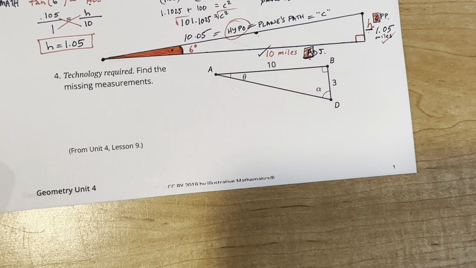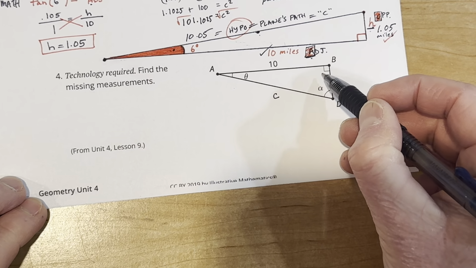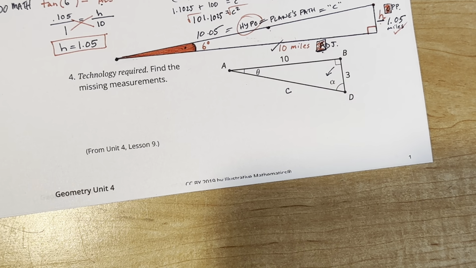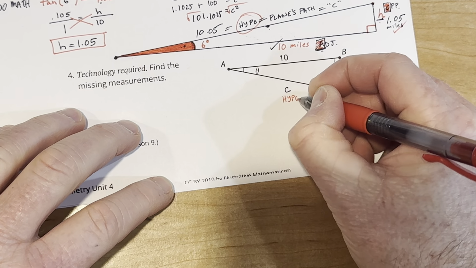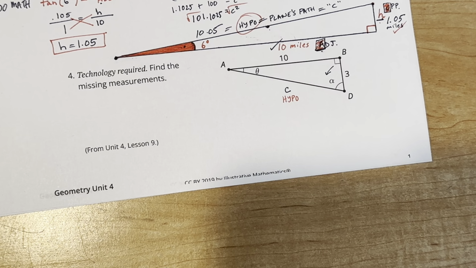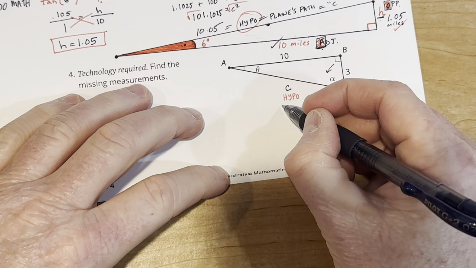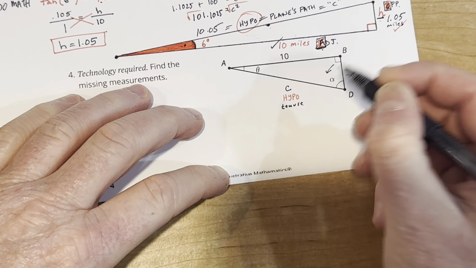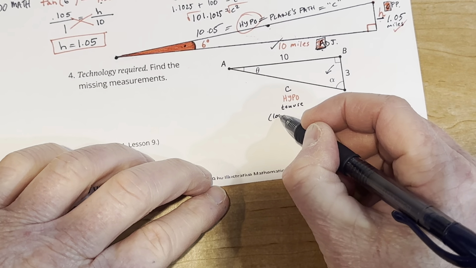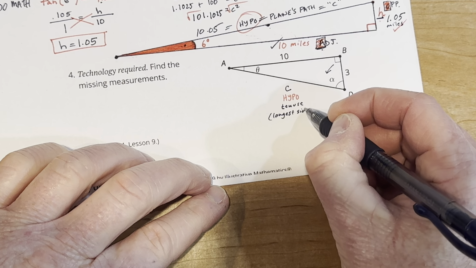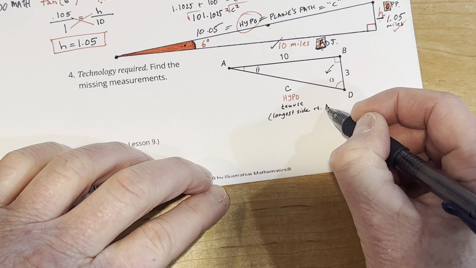Number 4, find the missing measurements. Okay. This is C, opposite the 90, aka the hypotenuse. Longest side of a right triangle.